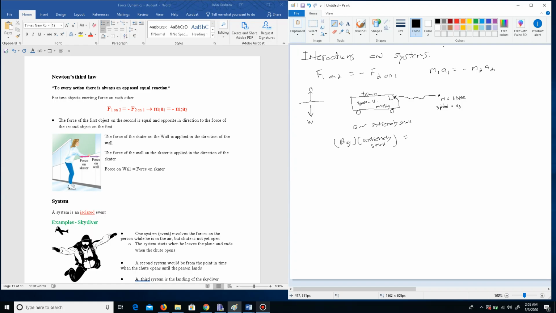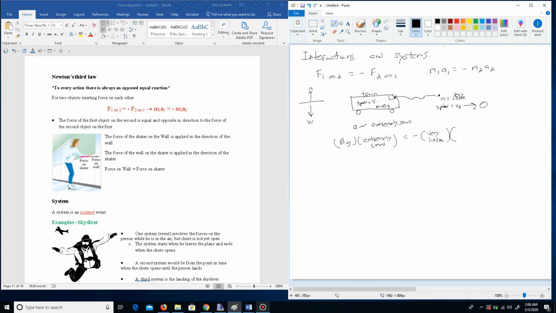And that's going to be equal and opposite, because they go in opposite directions, to the bug, which has a mass that is very little. And its acceleration, well, he's pretty much going to go from V2 to 0, which is a high acceleration.